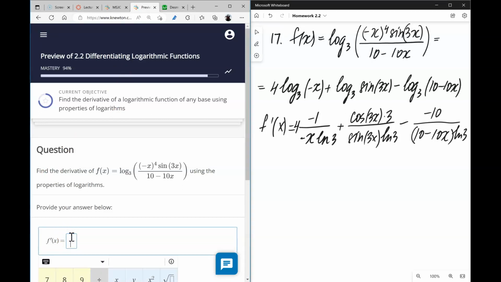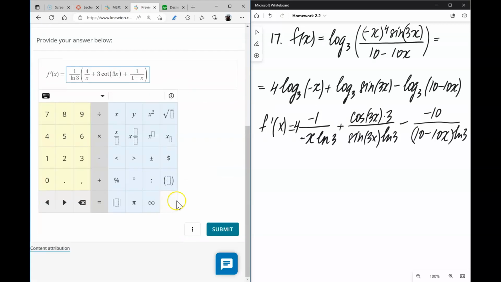Let's take out 1 over ln 3. And what we have left is 4 over x plus 3 cotangent of 3x, and we have plus 1 over 1 minus x.